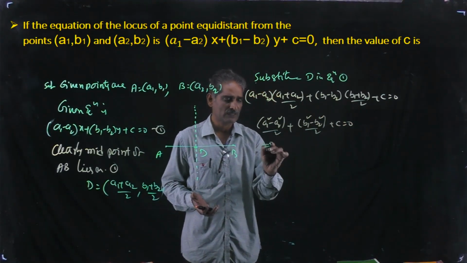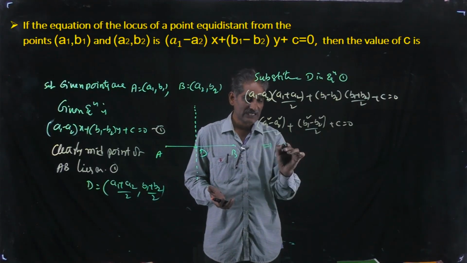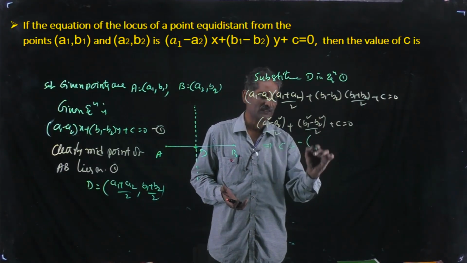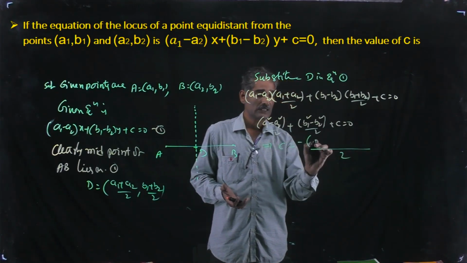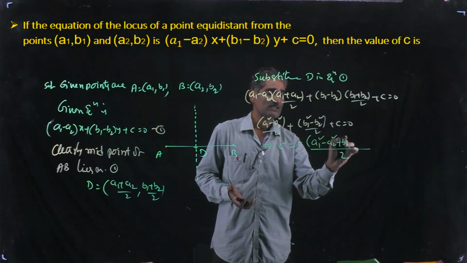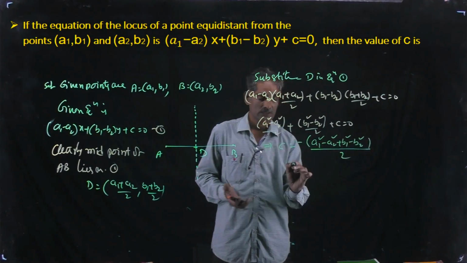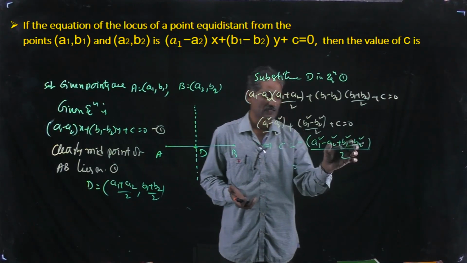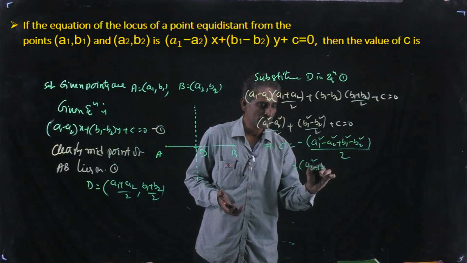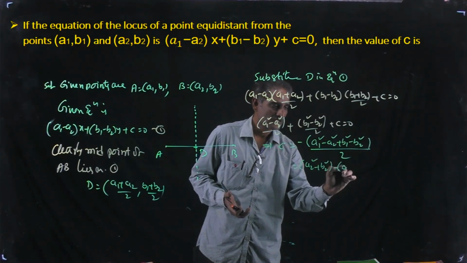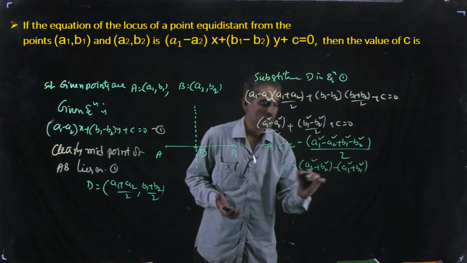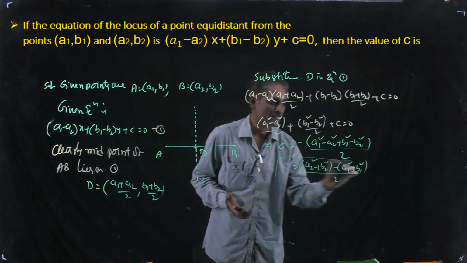So we can write C is equal to, bringing all these terms to the right side, minus of (a1 square minus a2 square plus b1 square minus b2 square) by 2. Multiplying by minus, we get C equal to (a2 square plus b2 square minus a1 square minus b1 square) by 2. This is the value of C.